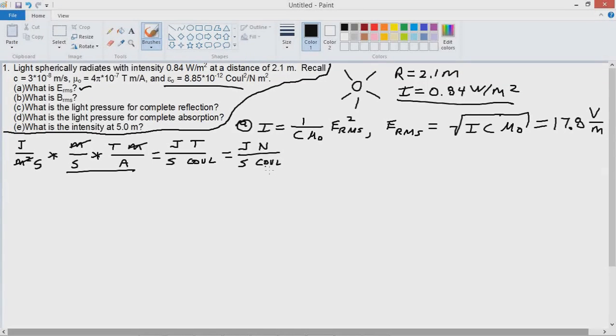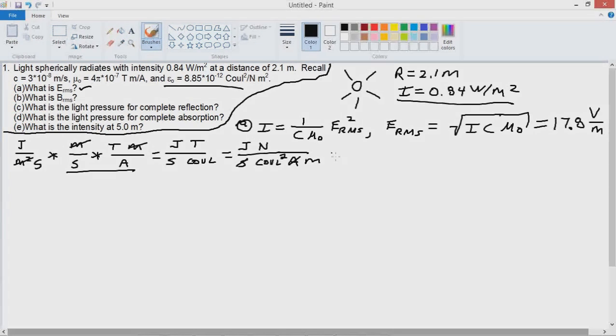A Tesla would be a Newton per amp meter. Seconds times amps gives us a coulomb squared.